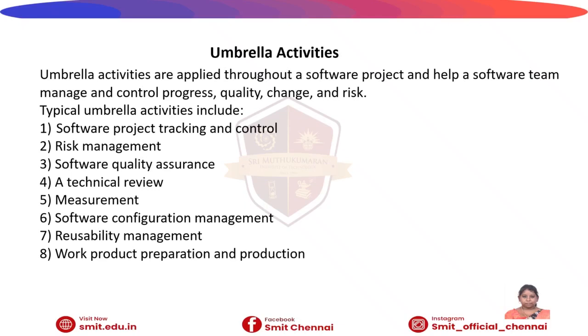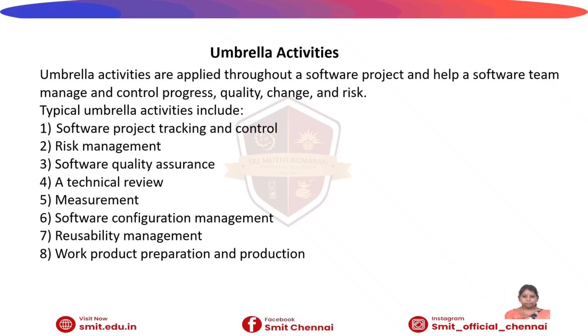Each umbrella activity is described for each phase. Software project tracking and control allows the customer or software team to assess progress against the project plan and to take necessary action to maintain the schedule. Risk management assesses the risks that may affect the outcome of the project and the quality of the product.